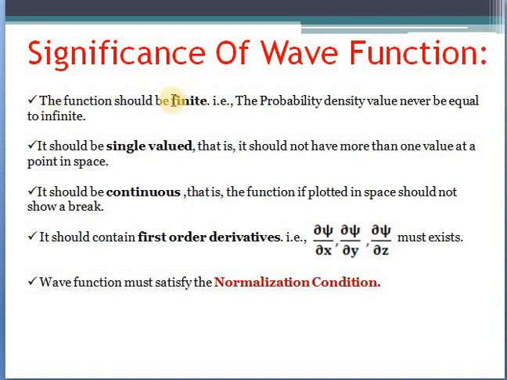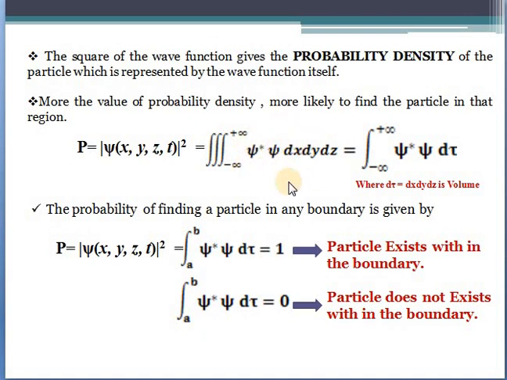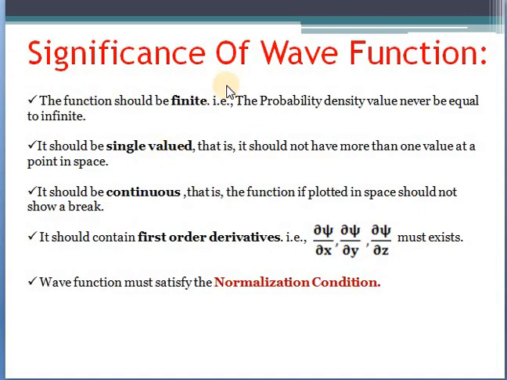Psi must be finite. That means if you calculate the probability density value, which is given by the integral from minus infinity to plus infinity of psi star psi d tau, it will never be equal to infinity. You should not get the probability density value as infinite.